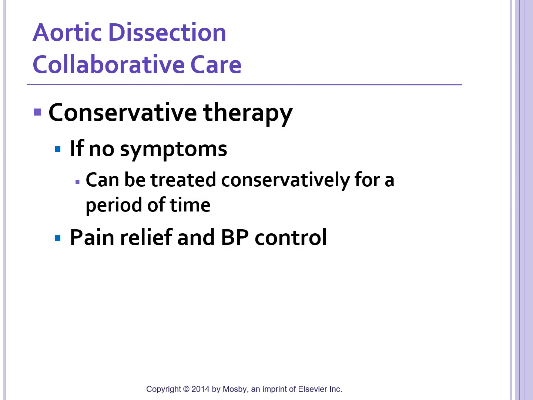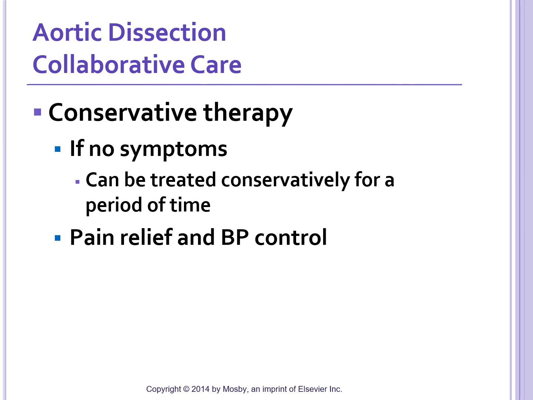If patients have an aortic dissection and they're asymptomatic, they might be treated conservatively for a period of time. They will be on heart rate and blood pressure management with frequent follow-ups with CTs or MRIs, depending. Eventually, though, it's quite common that patients will need surgery quite quickly.